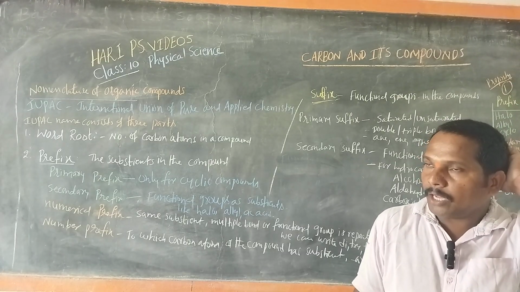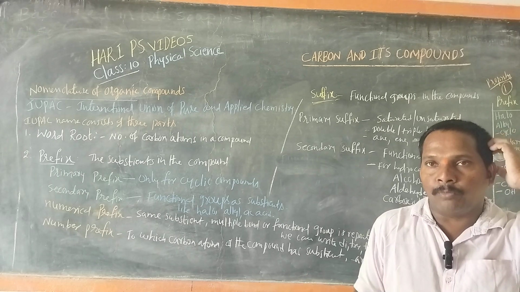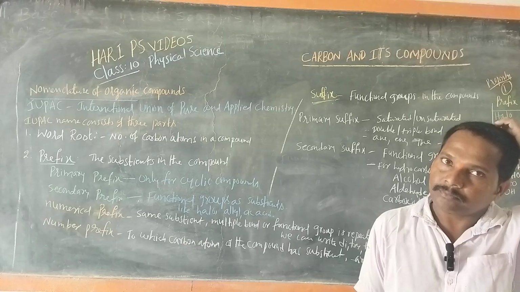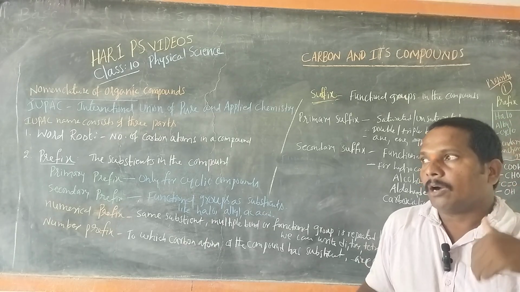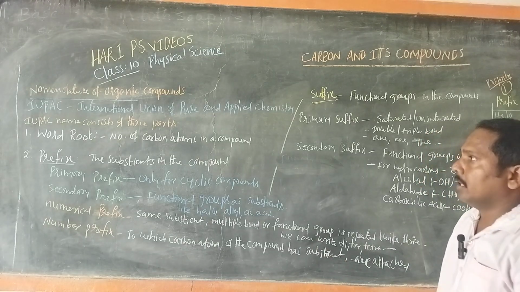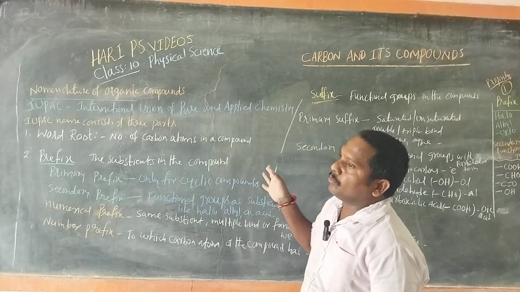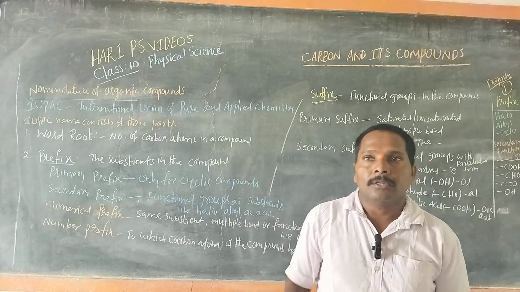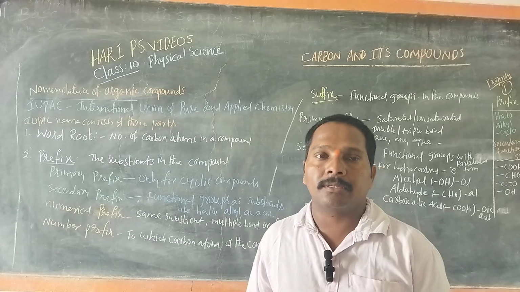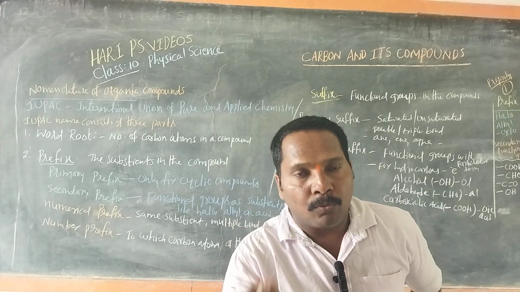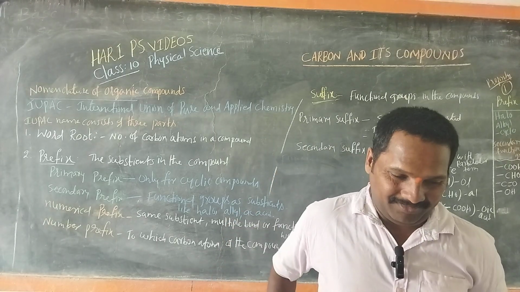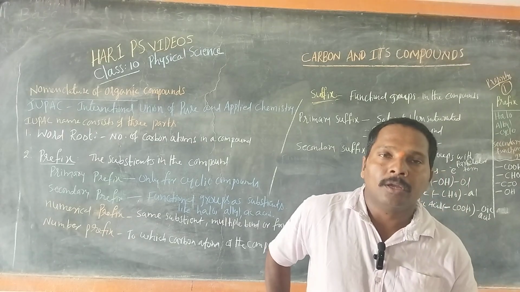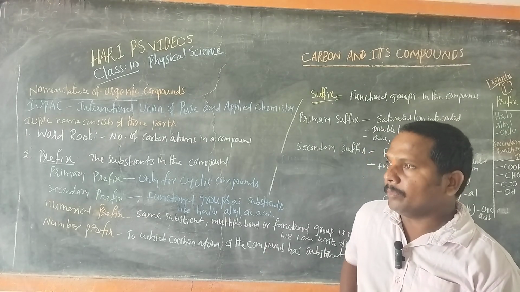Why? We are all human beings, but we have different kinds of names for easy identification. Similarly, due to the millions of organic compounds, to remember them and to identify each organic compound, we need to give a name.